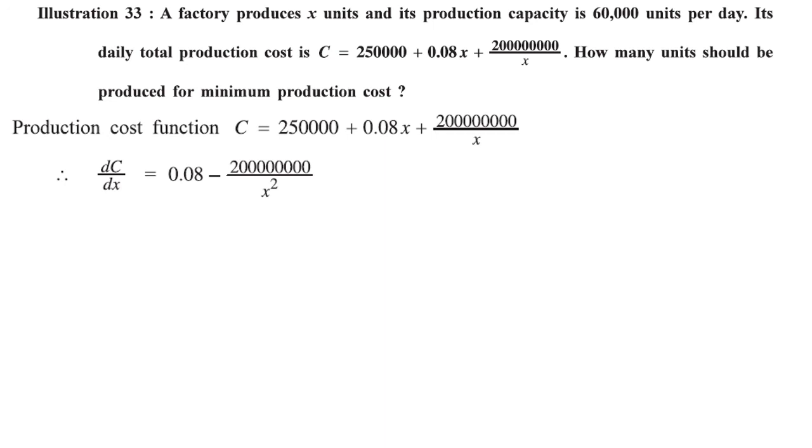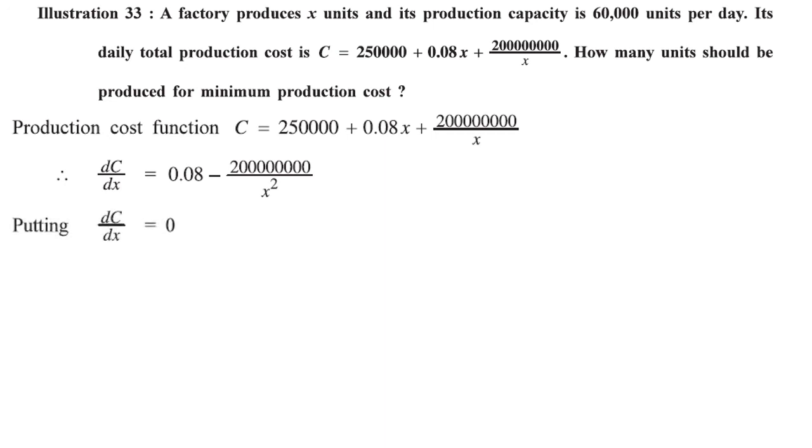Now when x is in the division and we need to differentiate it, it becomes negative 1 upon x square. Now this is something which I have taught you guys in the very early tutorials, so we have to remember how to do that. 1 upon x is negative 1 upon x square. That's the direct answer. So 0.08 minus 20 crores divided by x square.